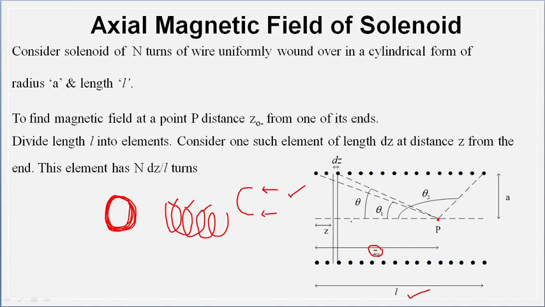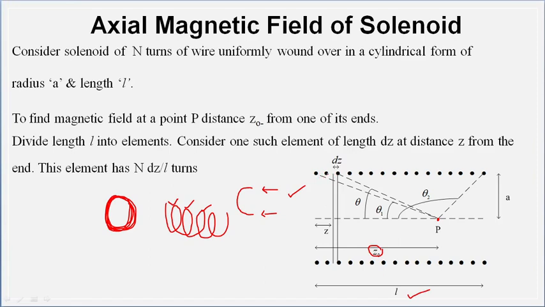So we'll use that. What we do is, the full solenoid you divide into small sections. We call it the element. Element means that section whose width is tending to 0. In an actual solenoid, these turns are very closely spaced.